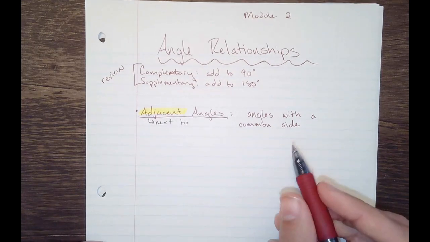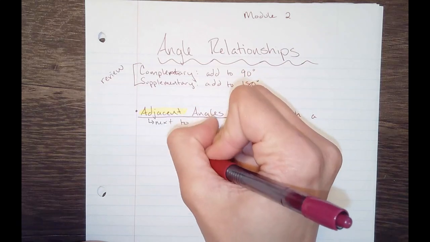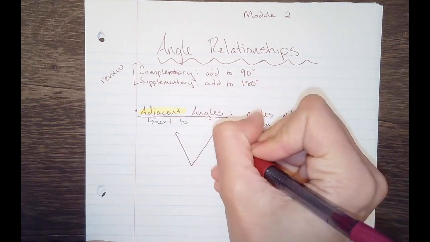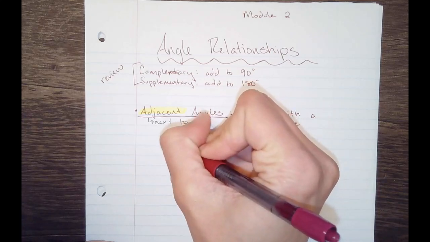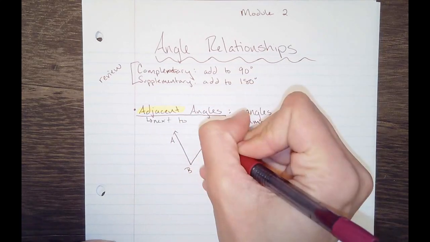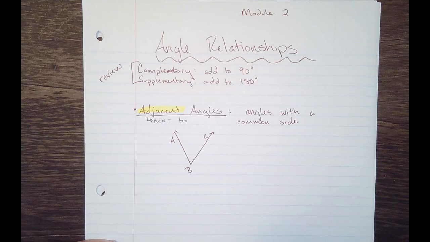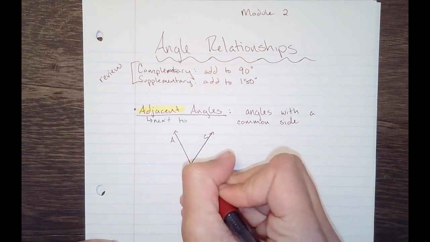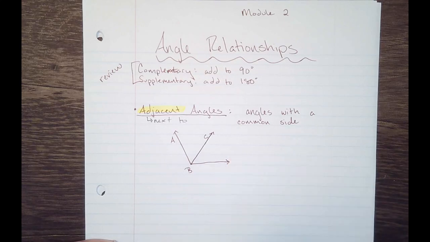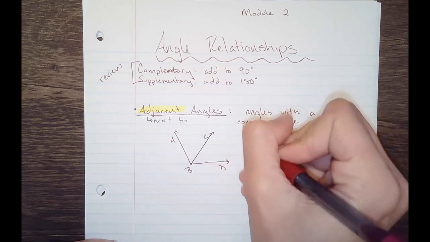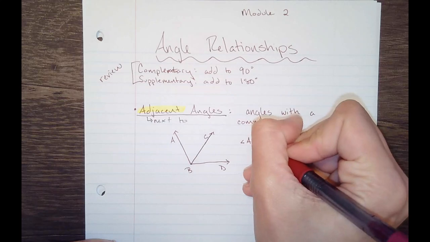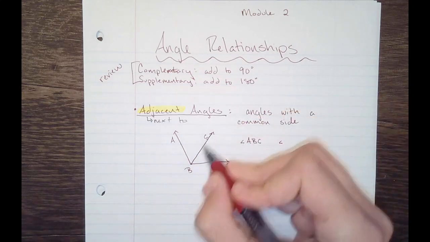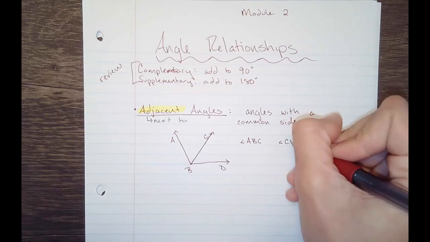So if we were looking at a picture, we can call this angle ABC. And then if we had another angle that was here, so angle ABC and angle CBD are adjacent.